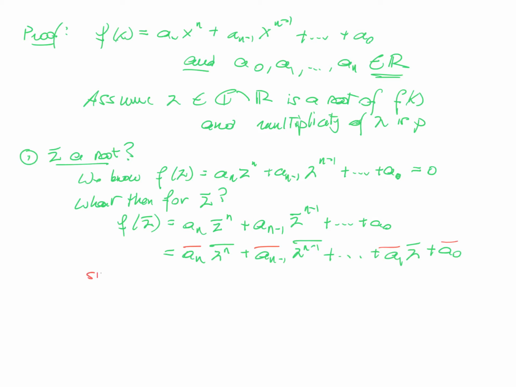So since a_i is a real number, a_i conjugate is the same as a_i. Then we also know that the conjugate of a multiplication is the multiplication of the conjugates. So this is also a_n times the conjugate of z to the power n, plus a_(n-1) times the conjugate of z to the power n minus 1, and so on.